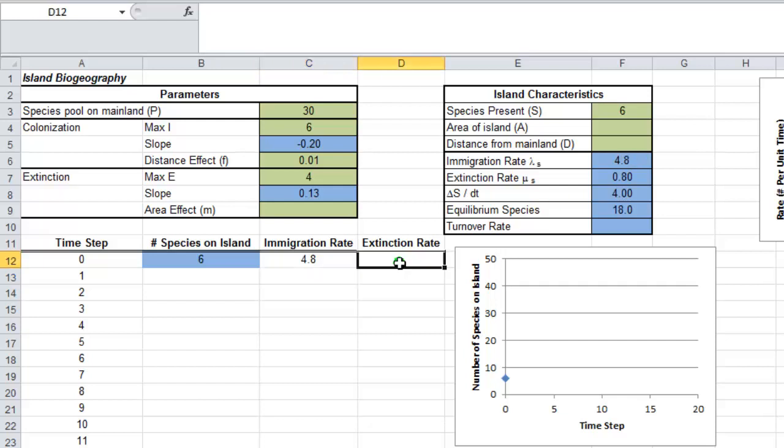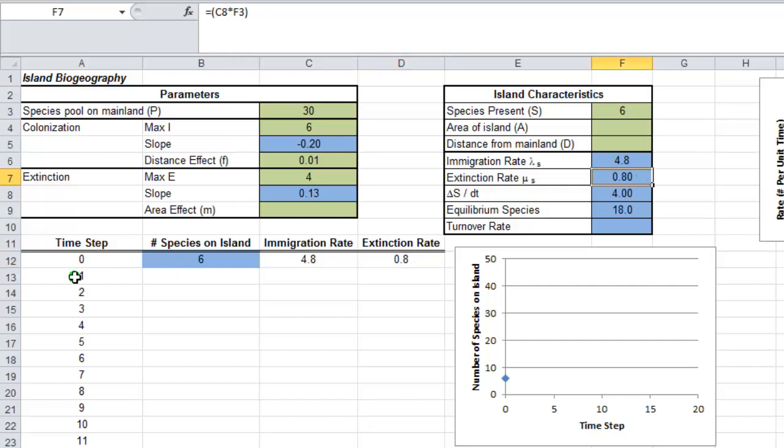The extinction rate is going to be equal to the intercept, which we already know is 0, so we won't enter that in, plus the slope, which is stored in cell C8, times the number of species present. So this is telling us how many species we are expected to lose for this particular time step. And we see that this result matches our result calculated in cell F7.